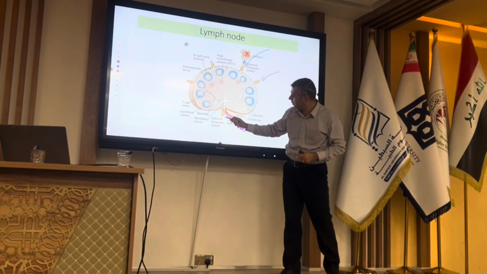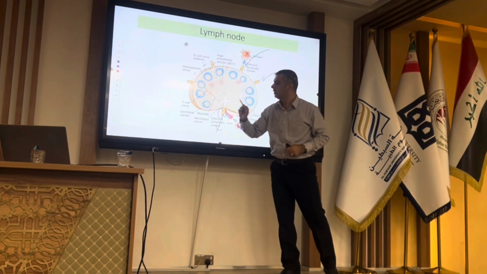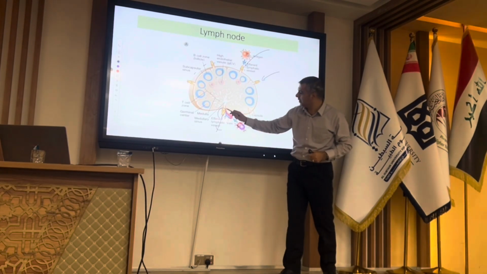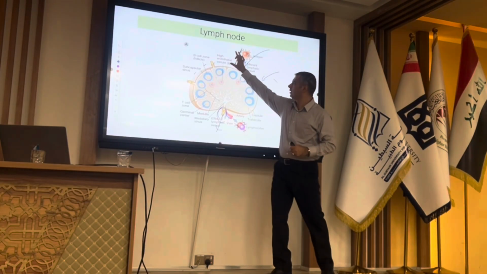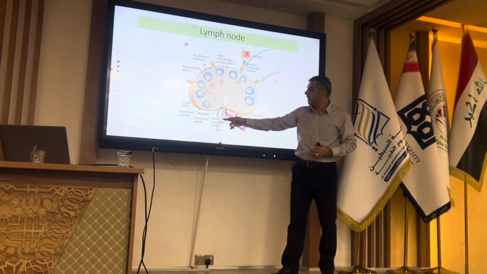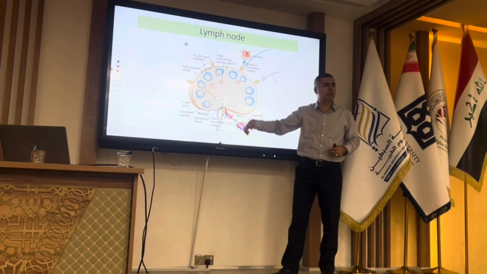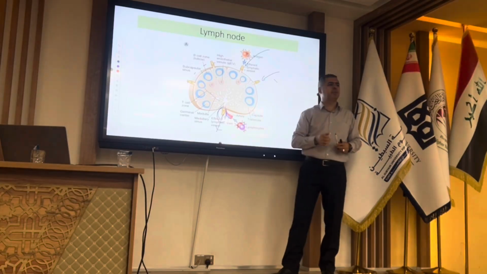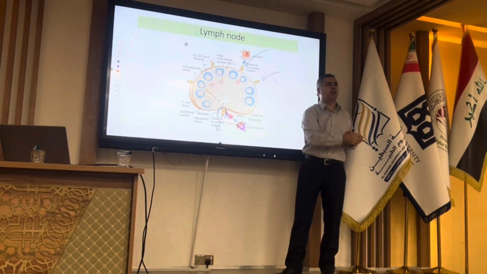And we have several afferent lymphatic vessels and just one efferent lymphatic vessel. Those bring the lymphoid fluid toward the lymph node, and this one drains the lymph node and takes the lymphoid fluid to another.